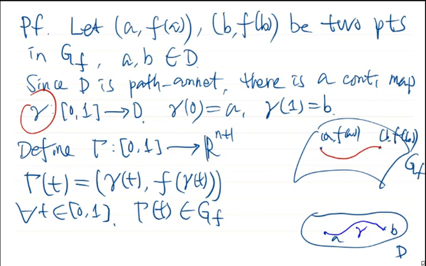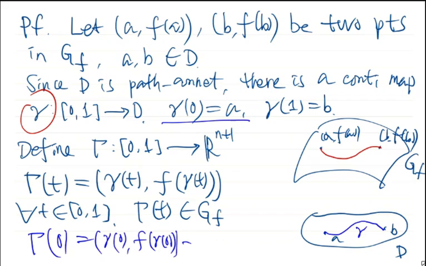And Gamma(0) is (small gamma(0), f(small gamma(0))). But small gamma(0) is a, so this is (a, f(a)), one of the points we chose at the very beginning.